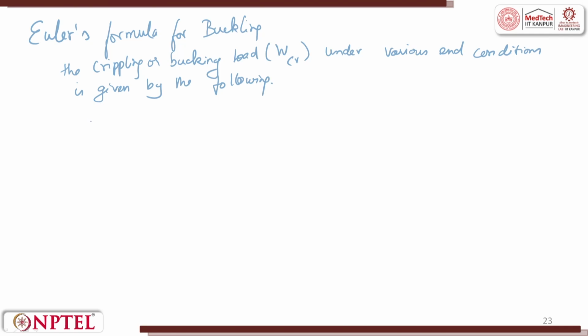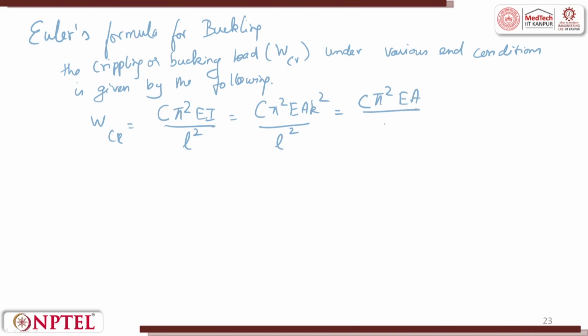Okay. So, WCR is equal to C pi square EI by L square, which is C pi square E, where I is now converted into A K square, by L square, which is nothing but C pi square EA by (L by K) the whole square.